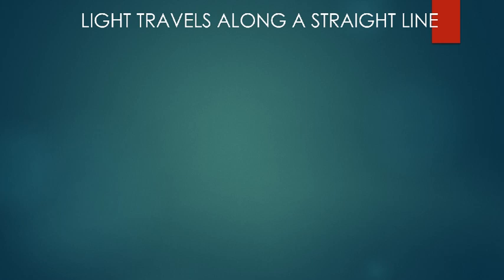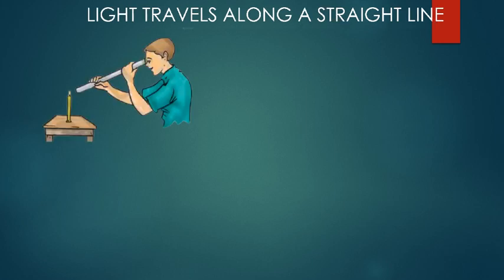The simplest method is that you need to have a straight cylindrical tube, like how it is shown on the screen, and a candle. Light the candle and try to see the candle flame from one end of the tube.